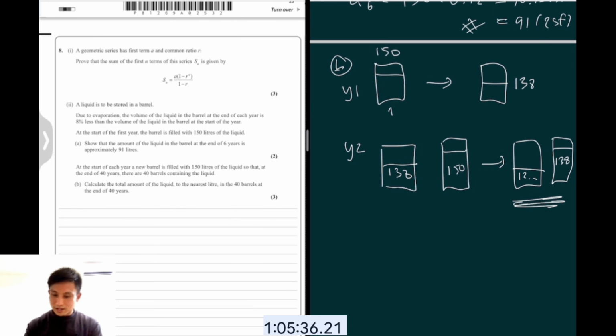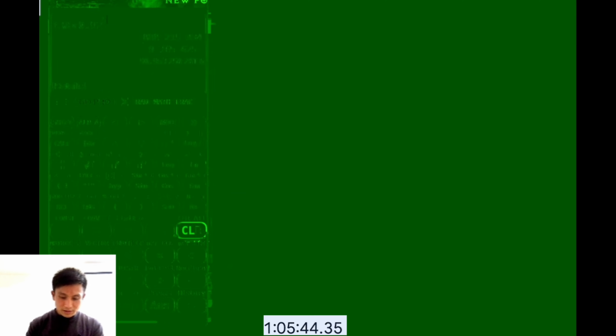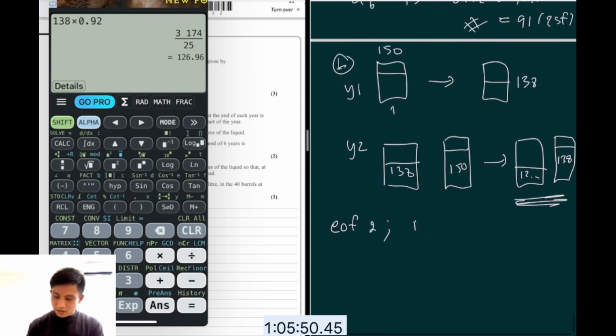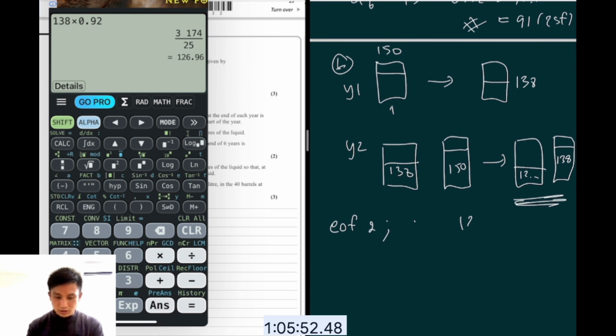So at the end of second year, let's just find it, right? 138 times 0.92, that's the end of second year for the first barrel, is 126.96, but you have the first barrel being 138. So at the end of the second year, it's just the first two terms.